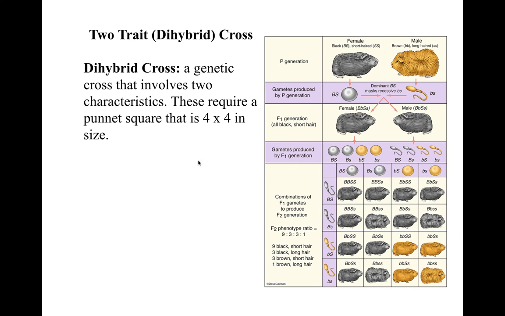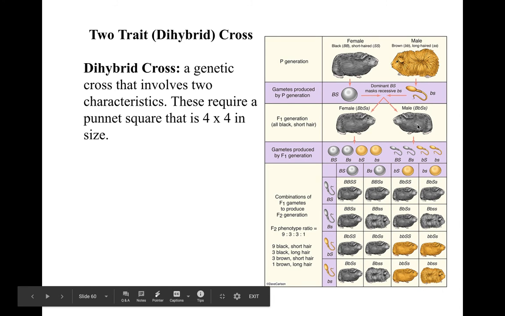So when you start reading, it'll say, if you cross homozygous and homozygous, then you get 100% this or that. If you cross two heterozygous pairs, you will get a 1/4, 1/2, 1/4 situation.